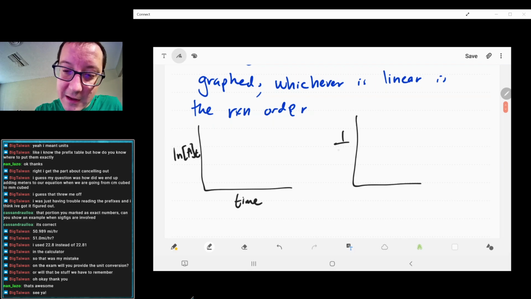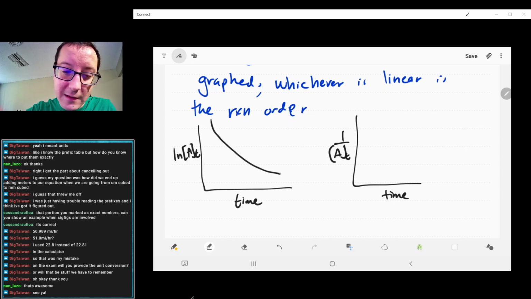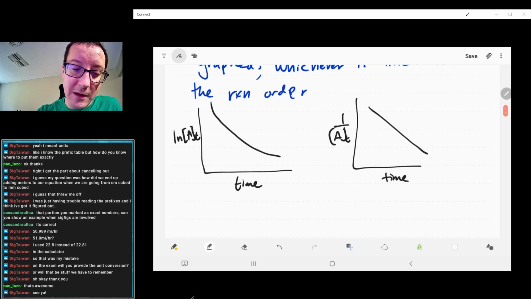Same thing here, we're going to have 1 over A at a given time. And so we're going to see that if your natural log one looks like this, but your inverse one looks linear, then that tells us that this reaction is second order.